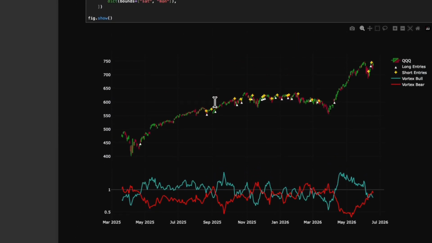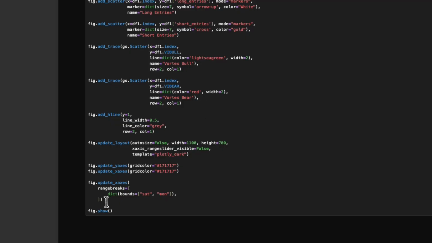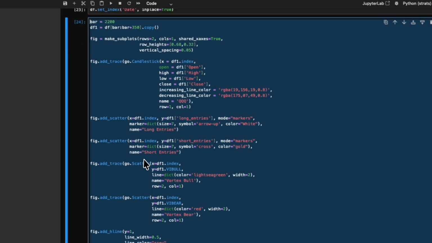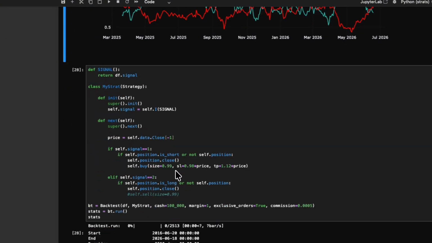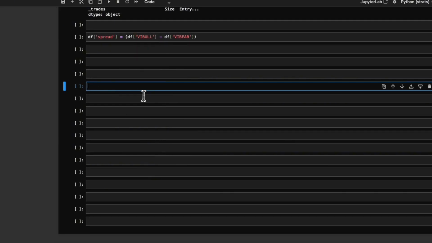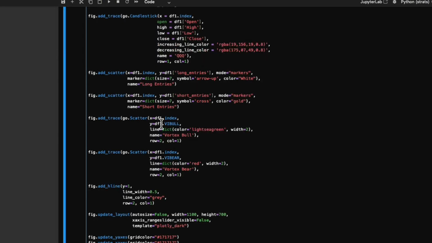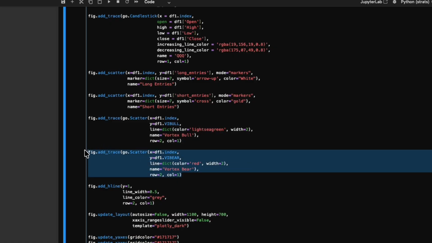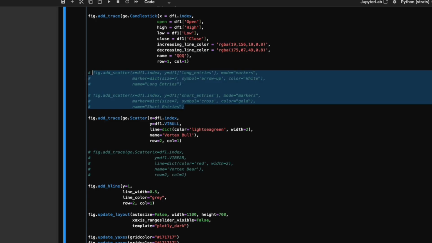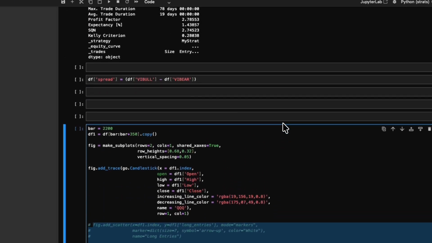And in fact, while we go along here, I will recreate the chart. I'm just going to grab the chart section and pop that in here. Then I will comment out the bits that we don't need for the time being, so that would be the entries in this part here. And then you can have a look at what the line is going to look like.